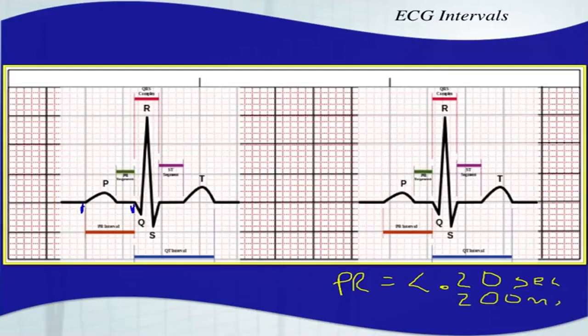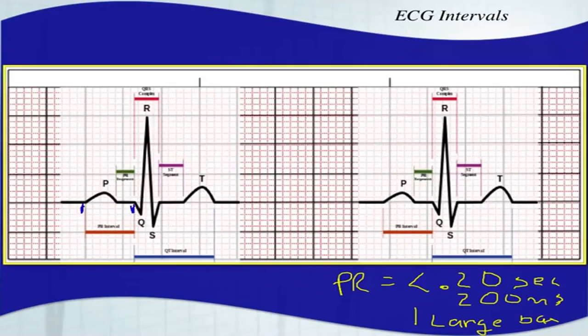They both stand for the same thing. That's equal to 5 small boxes or 1 large box. So it's important to remember that the PR interval should be less than 0.20 seconds.